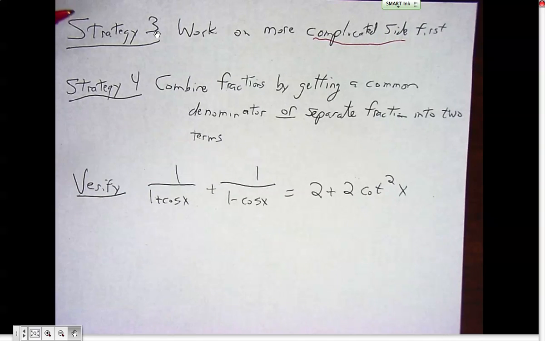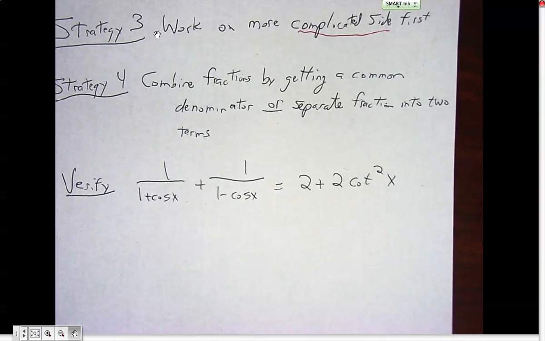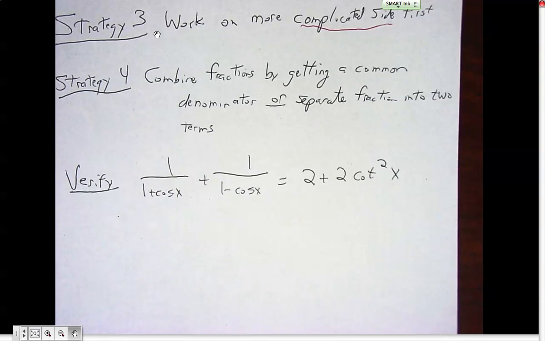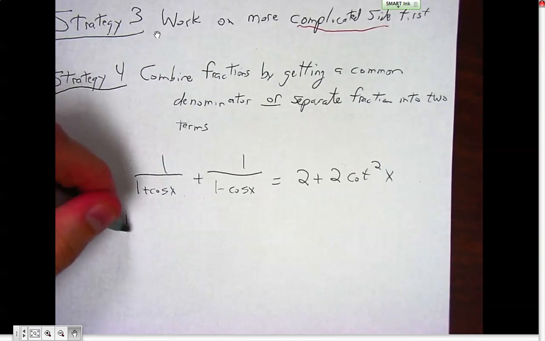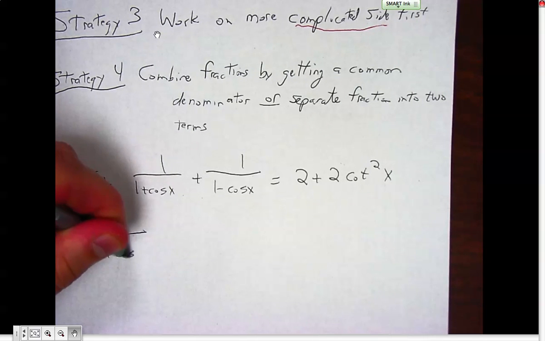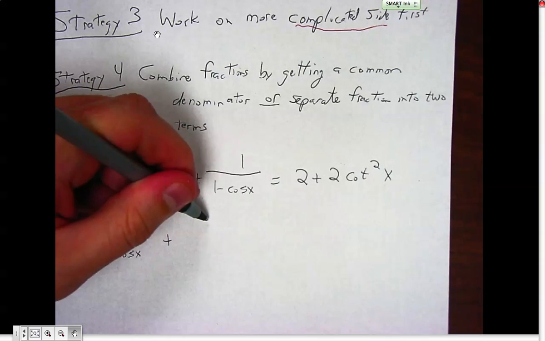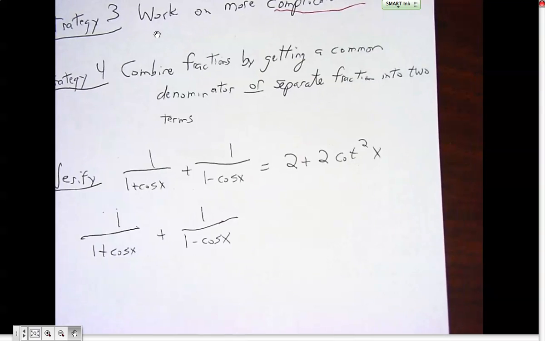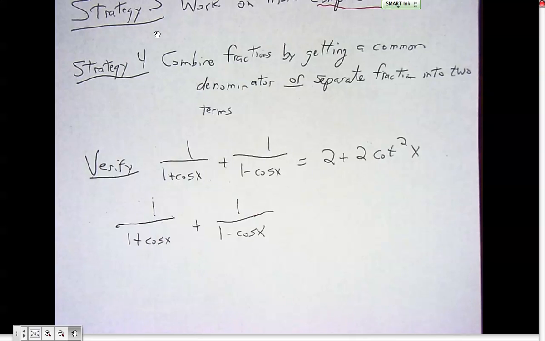got fractions sometimes that are being added or subtracted, it's sometimes a good idea to combine them by getting a common denominator. And so this one's a little bit messy. Basically, we can always get a common denominator simply by multiplying the two denominators that are already there.